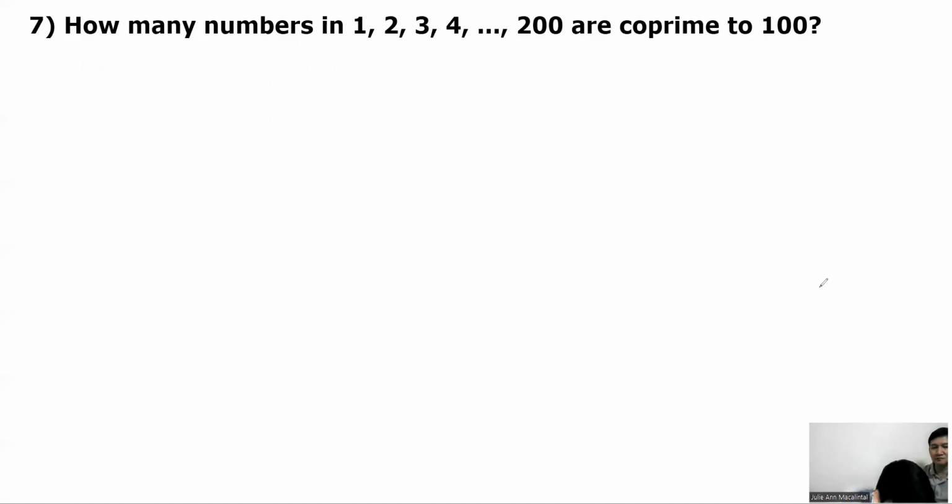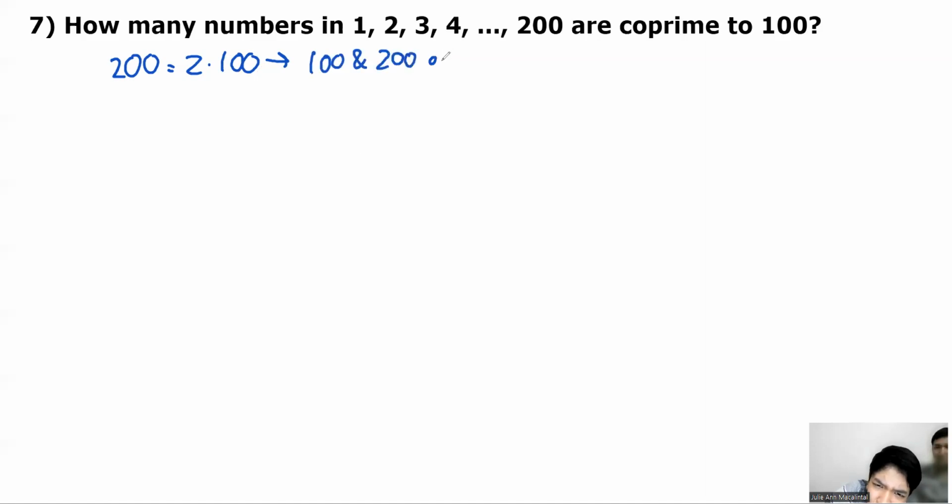Okay, so 200 is equal to 2 times 100. Therefore, obviously, because 100 is literally in a possible factorization of 200, 100 and 200 cannot possibly be co-prime. Let's write down everything for those viewers who want to learn.